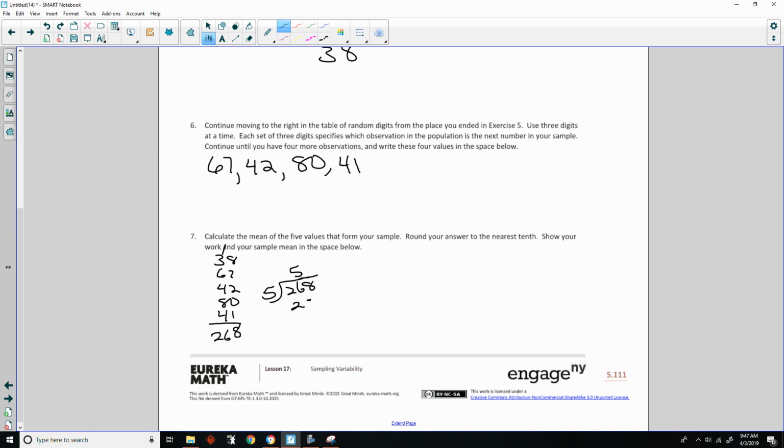Five times 5 is 25. 5 times 3 is 15. And I get 53.6. So my mean is 53.6.